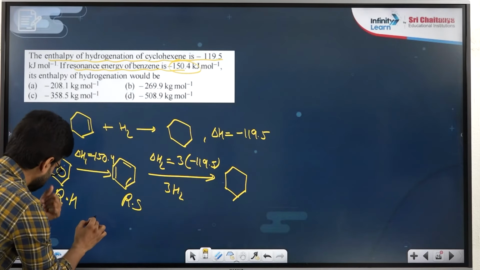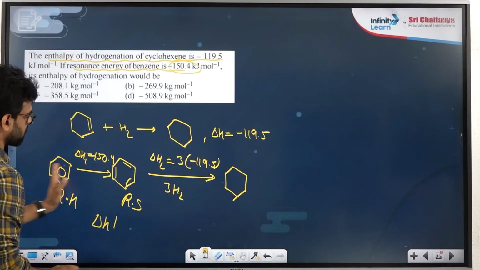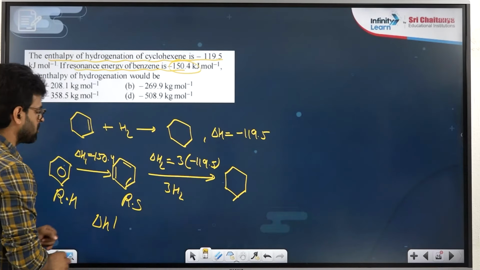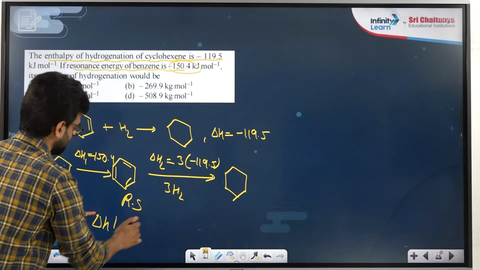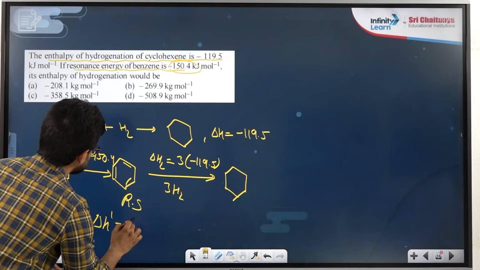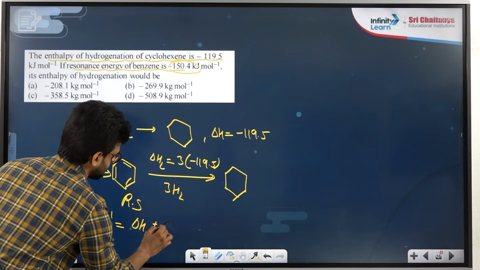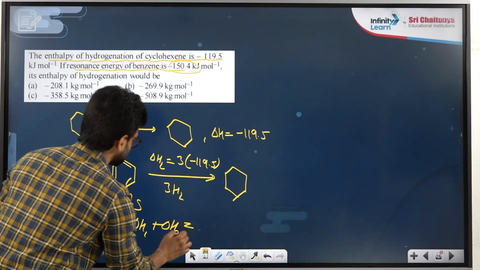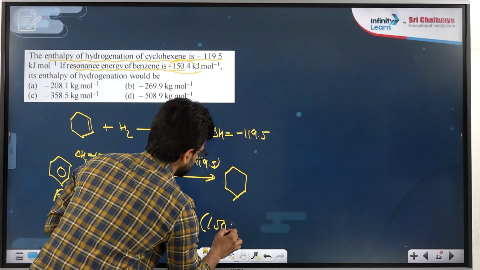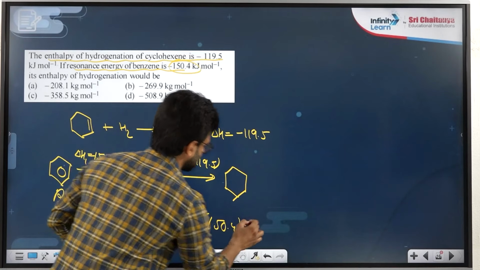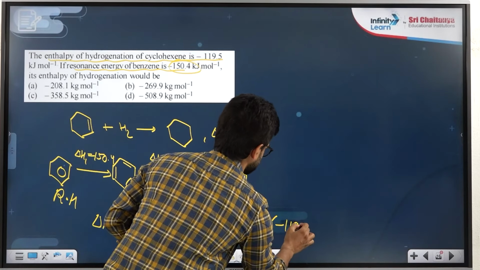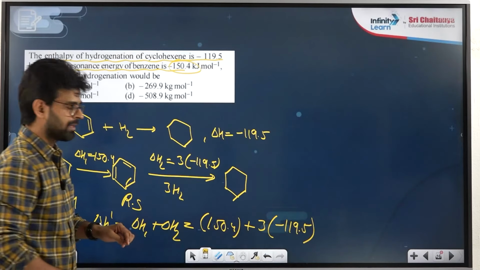So what is delta H coming finally for the overall process? This complete thing is hydrogenation of benzene. So delta H is delta H1 plus delta H2. Fine. What is delta H1? Delta H1 is 150.4 plus, and delta H2 is 3 into minus 119.5.